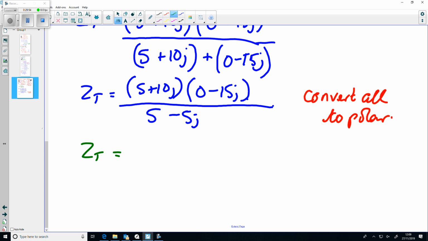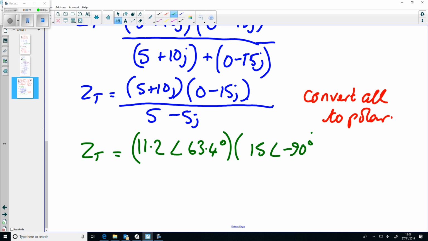If we do that, we get a top line that is 11.2, please check these, just in case I get it wrong, angle 63.4 degrees. I'm going to multiply that by 15 angle minus 90 degrees.